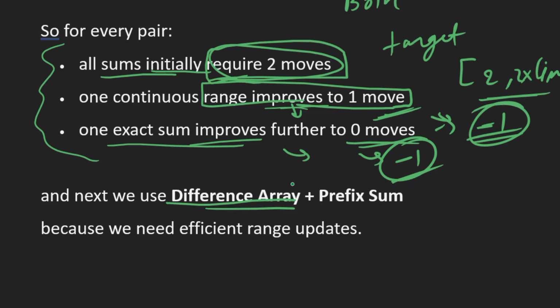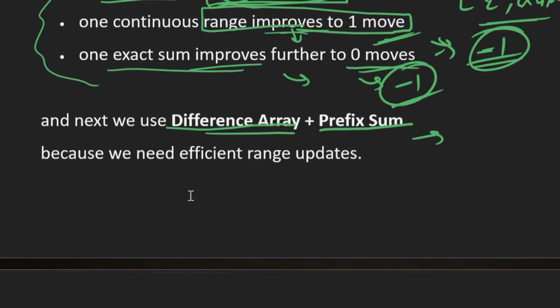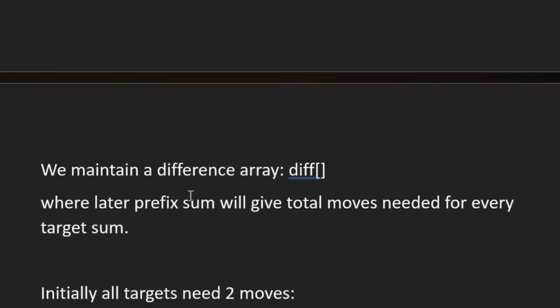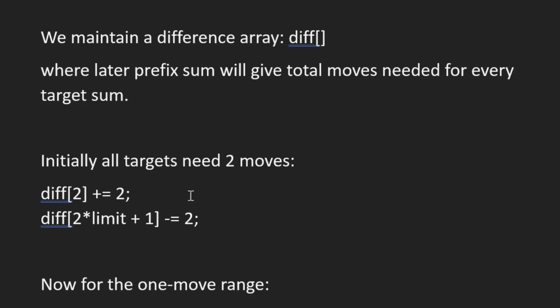And then once we have calculated the whole difference array, we use prefix sum to find the number of moves for each target sum, right? So to update the ranges efficiently, we use a difference array. So we maintain a difference array named diff, right?